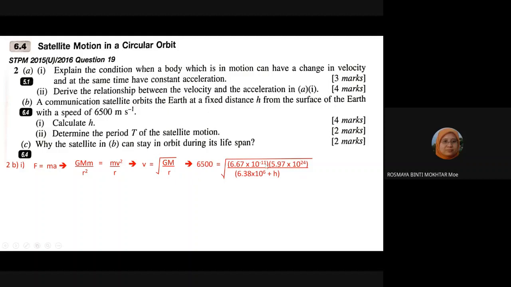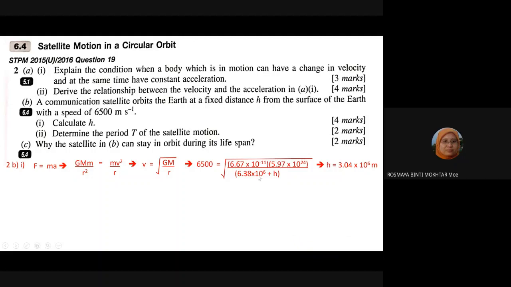The mass of the planet Earth is not given here, but you can get it from the booklet given to you during your exam. In your exam, you are given a booklet, and the booklet has the constant values inside. If it's not in the question, you get it from the booklet.